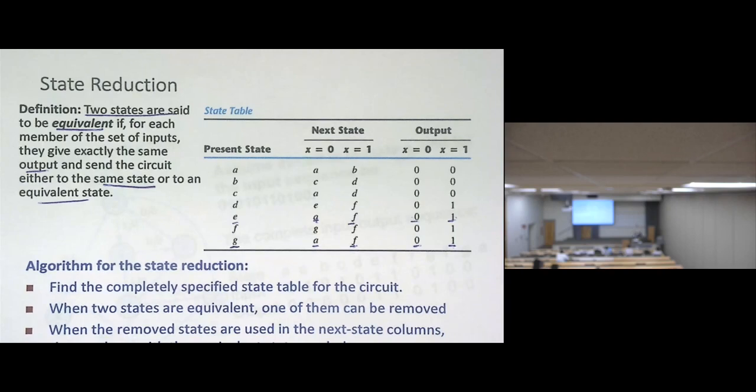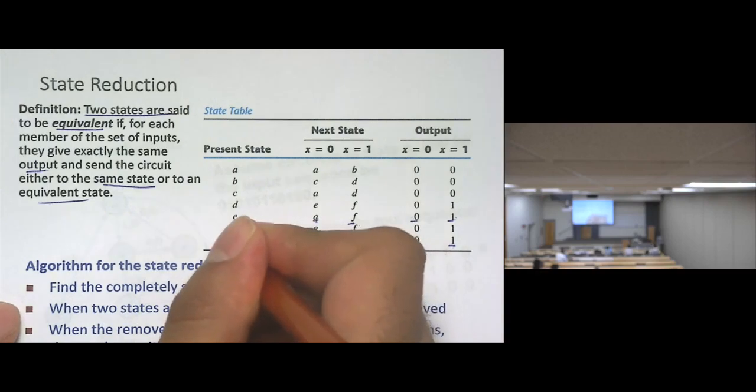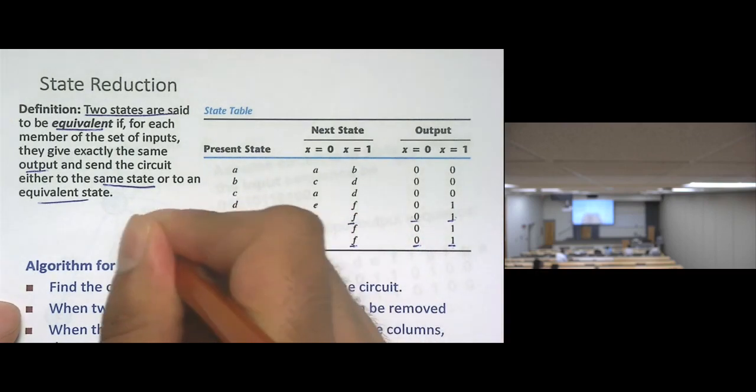Then we can say these two states are equivalent, because for the same inputs they give us the same outputs and the same next states. That's it. Then we can say E and G are equivalent.